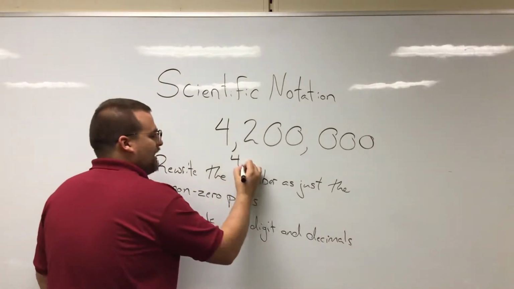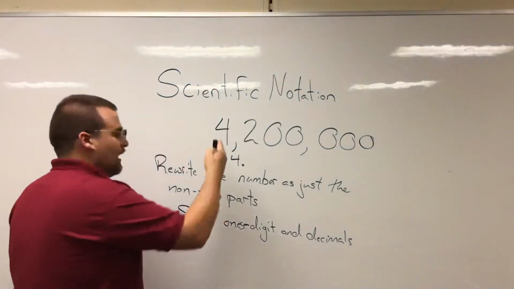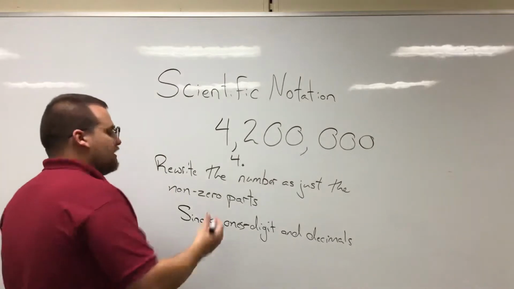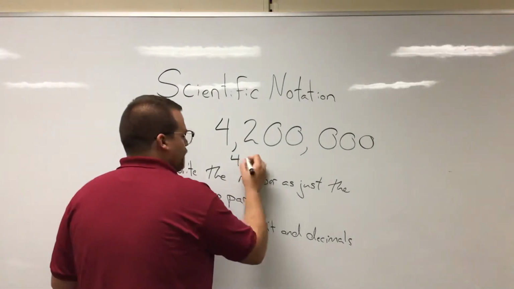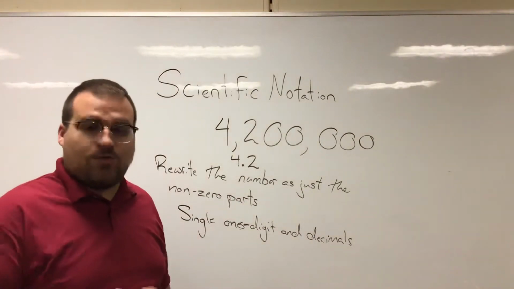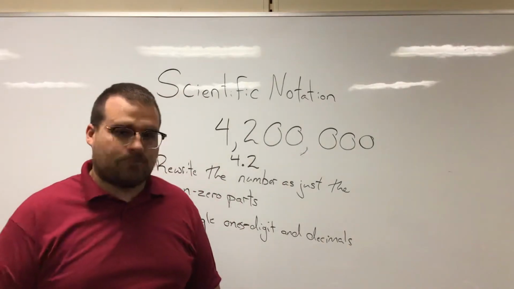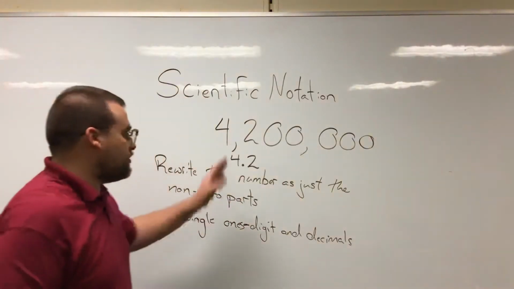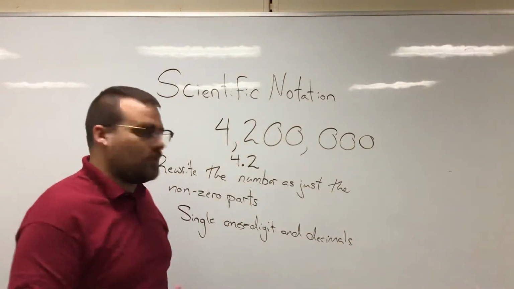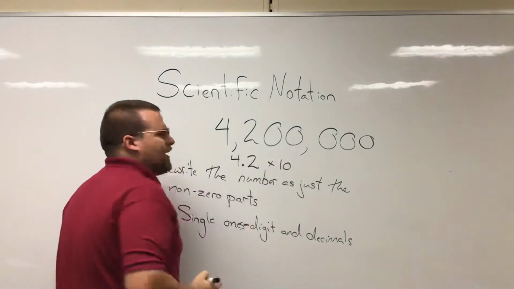And after that, we're going to have a decimal. Any other non-zero number after this 4 gets written down after this. So in this case, 4.2. That's all of the actual number we're going to see in our scientific notation. The rest of this, all the zeros at the end, those are what we write with this part that we call times 10 to some power.